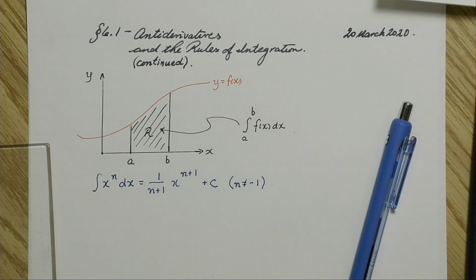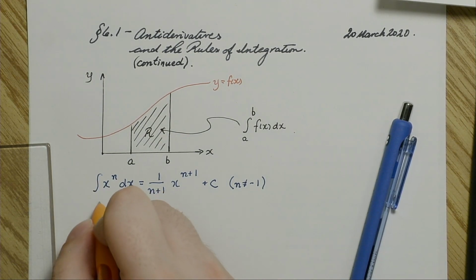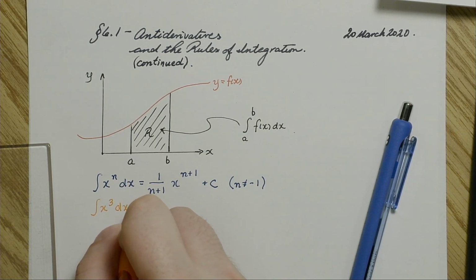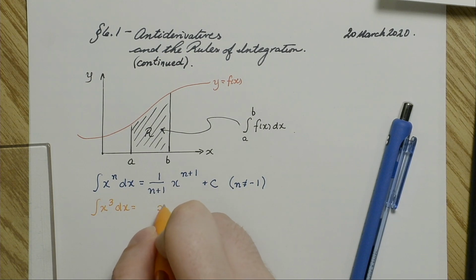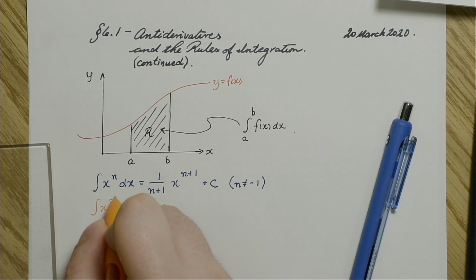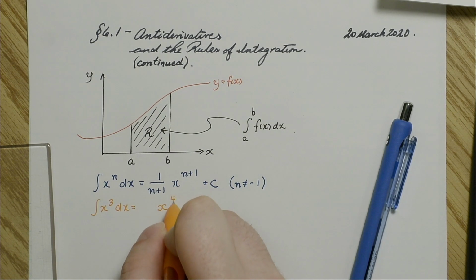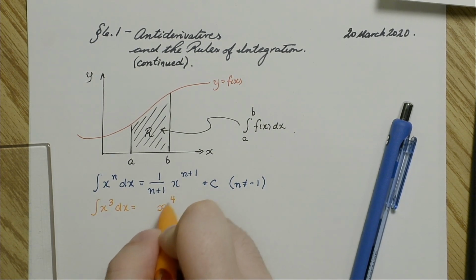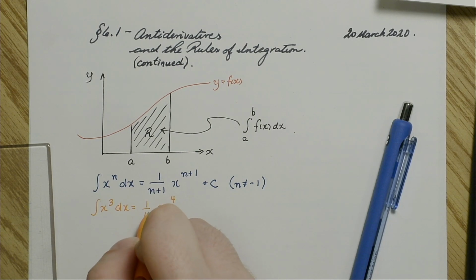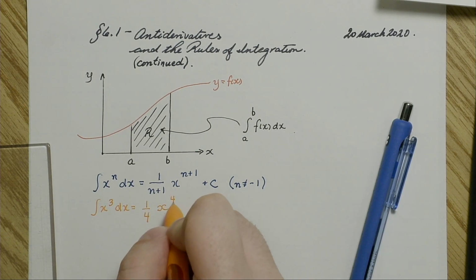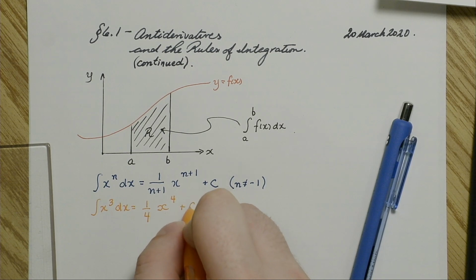As an example, if I had x to the 3 dx, then we increase the exponent by 1 so it goes from 3 to 4. And that 4 also goes into the denominator, so I get 1/4 x to the 4 plus a constant.